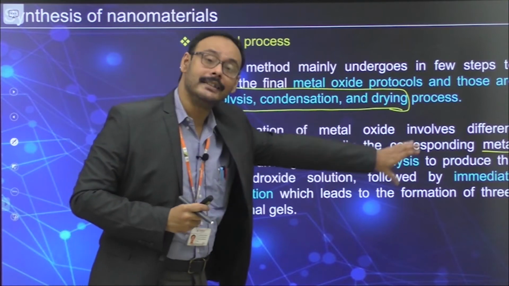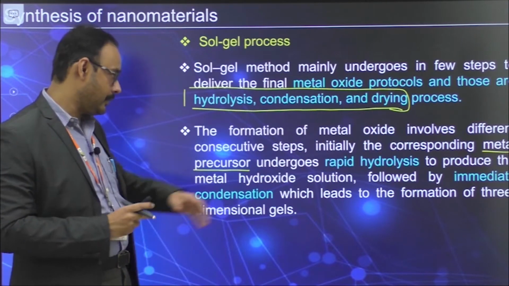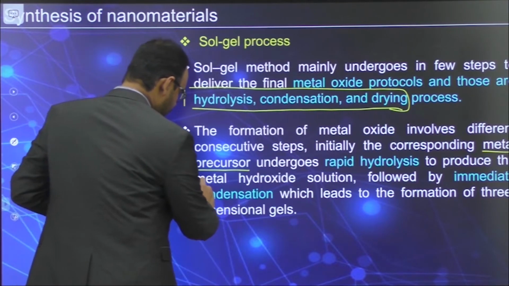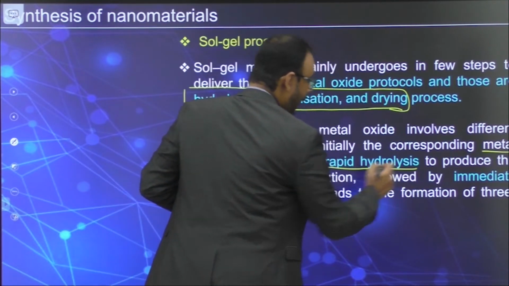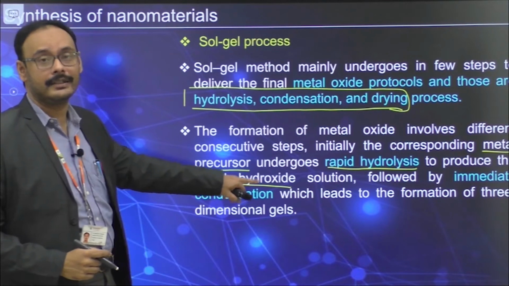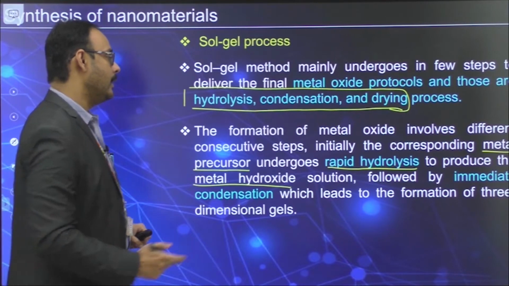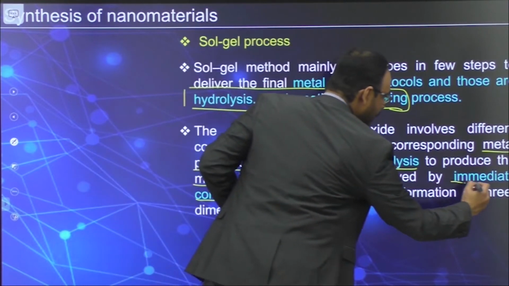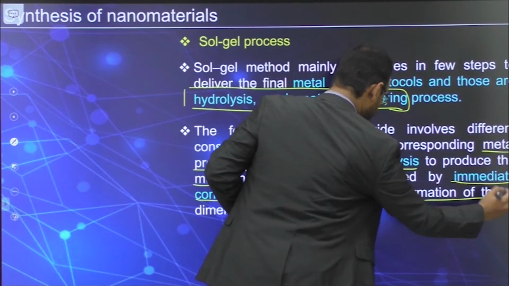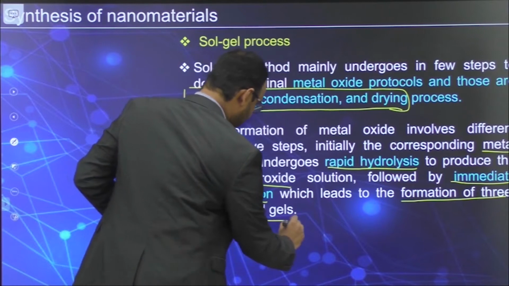The metal precursor undergoes rapid hydrolysis to produce metal hydroxide in solution. So this hydrolysis allows you to form metal hydroxide from the metal precursor, followed by immediate condensation, which leads to formation of three-dimensional gels.